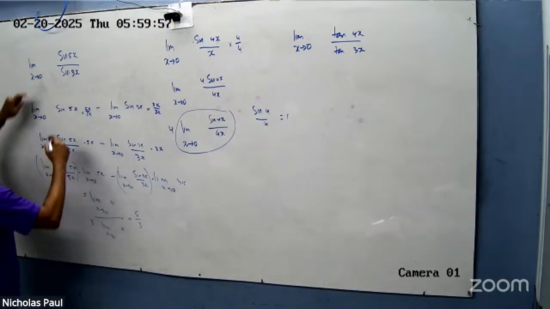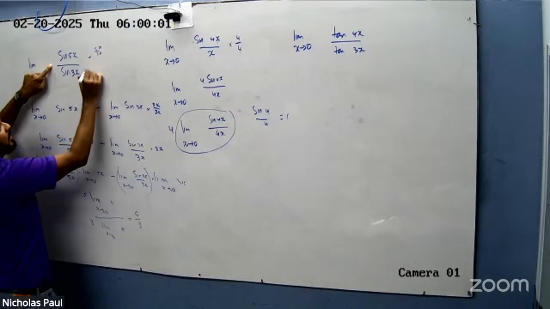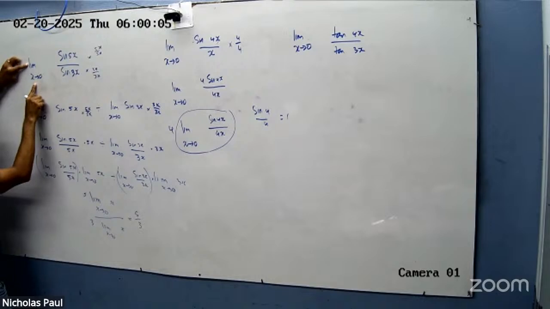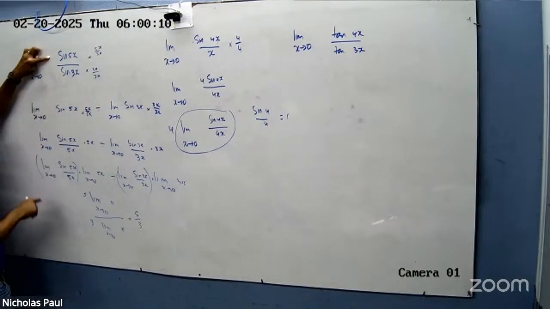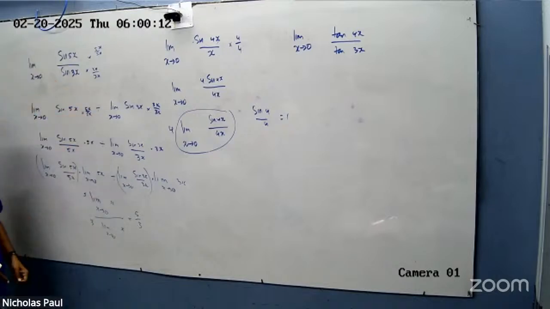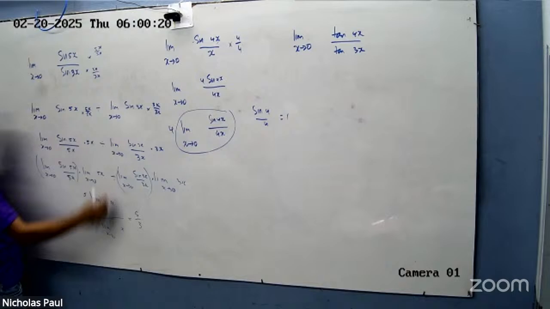Right here, you can multiply by 5x on 5x, multiply by 3x on 3x. But please write limit of this and limit of this. Separate the limit, put it here and here, and then simplify it out. Don't just magically bring in the 5x and the 3x, right?